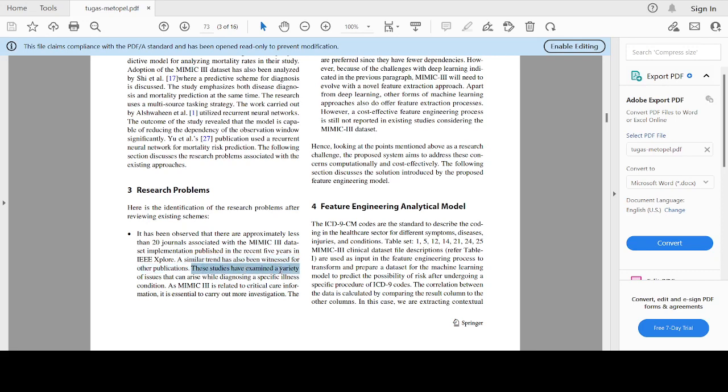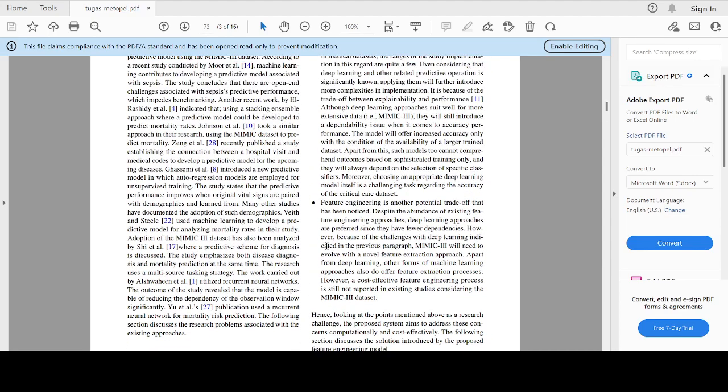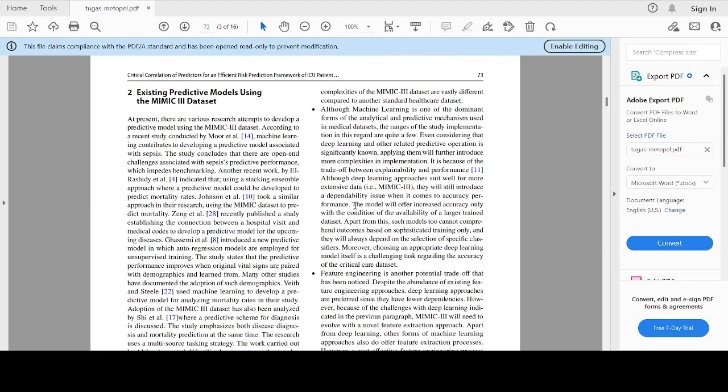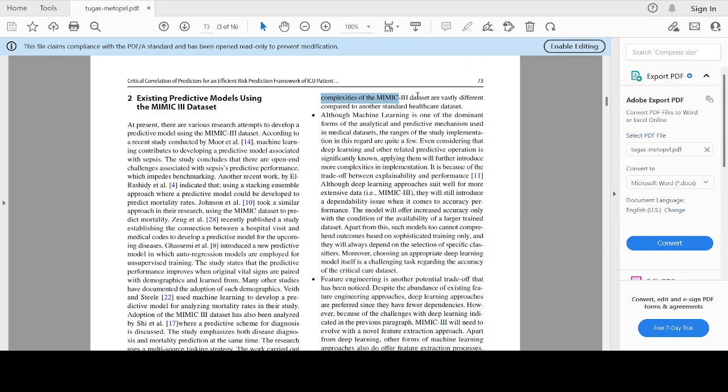These studies have examined a variety of issues that can arise while diagnosing a specific illness condition. As MIMIC is related to critical care information, it is essential to carry out more investigation. The complexities of the MIMIC dataset are vastly different compared to other standard healthcare datasets.